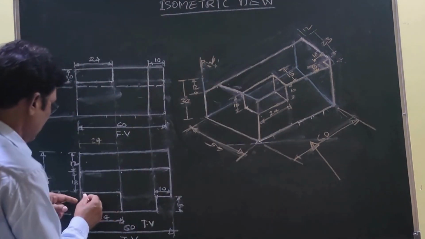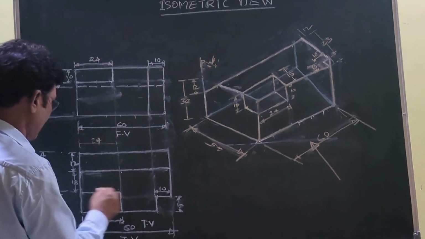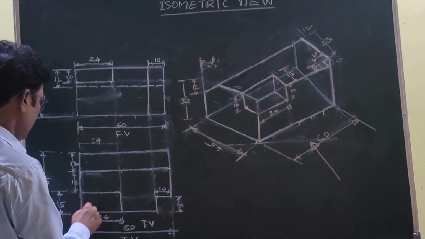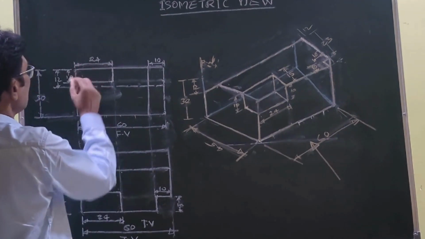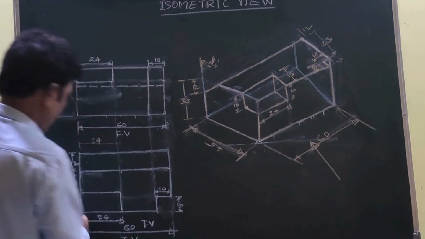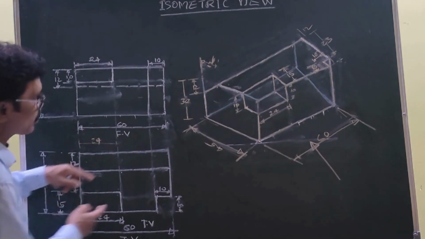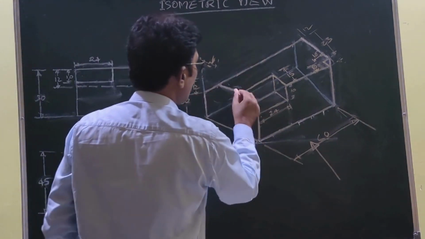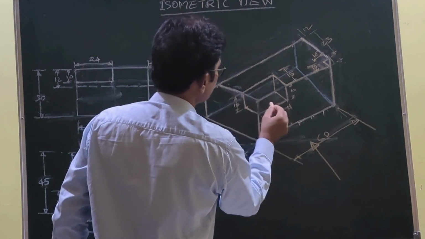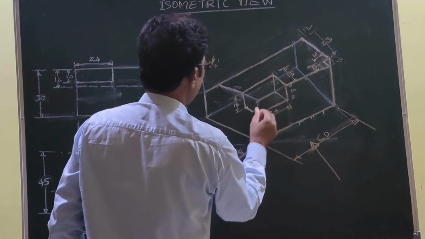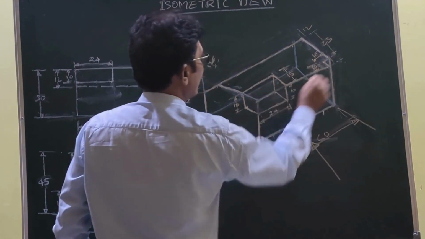Next we develop this block. This is length 24, width 15, depth 10. From the top view it starts in this corner, so I have started in this corner. On this line, this is the outer line of that box.